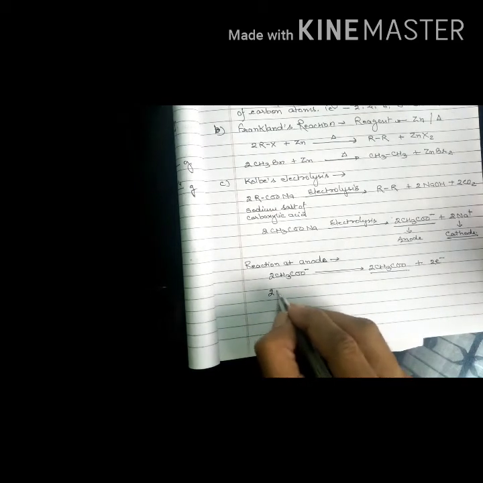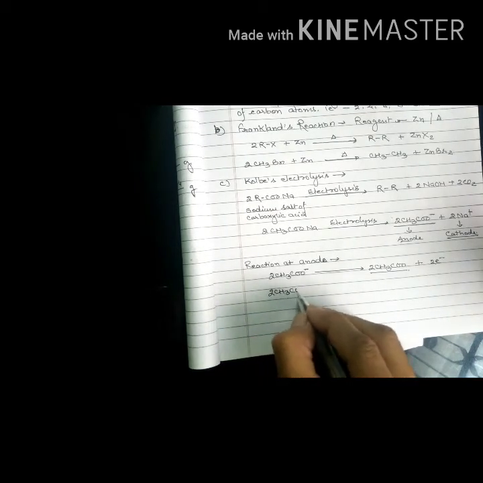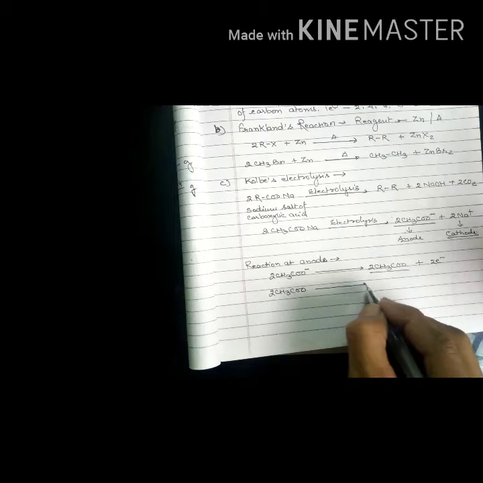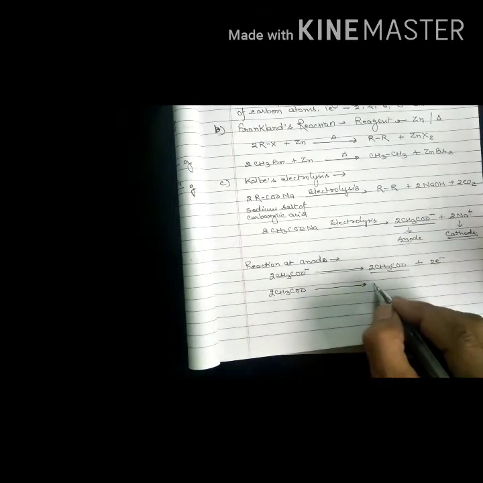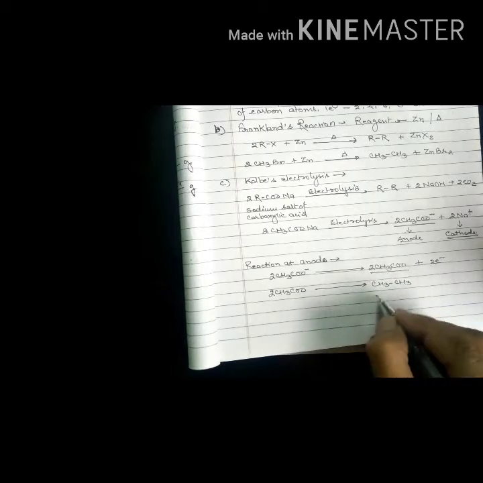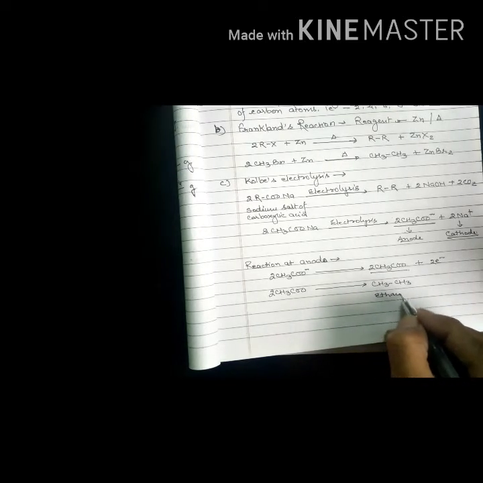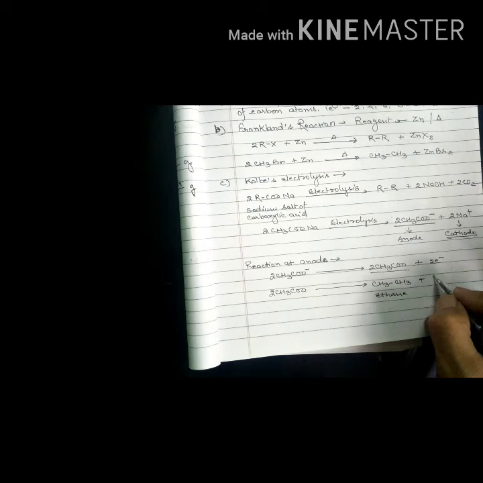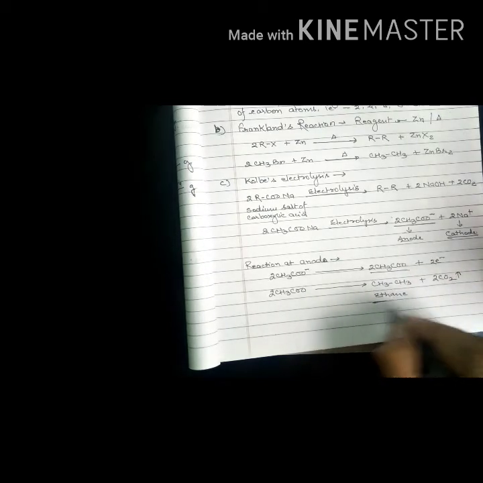Now the neutral molecule rearranges to give CH3-CH3, that is ethane, with the release of 2 molecules of carbon dioxide.